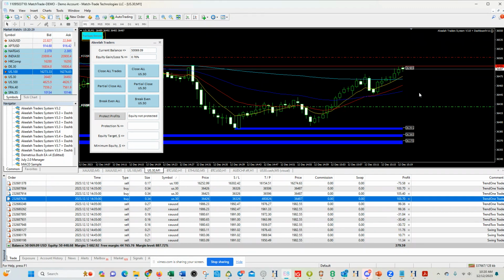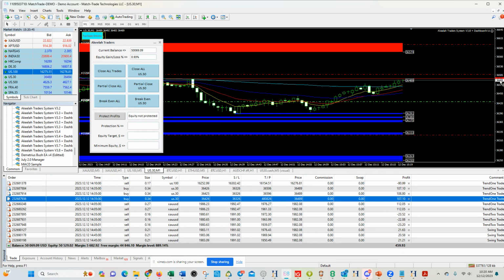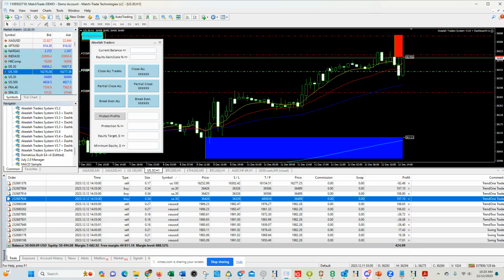I'd love to see it push up and hit our take profit target area, but at the same time, just for the purposes of time that we have here, I may use some of our dashboard settings here. I may get out of this US30 trade because it's looking like it wants to push up, but there's been too much market resistance. Let me go to like the hourly time frame here.